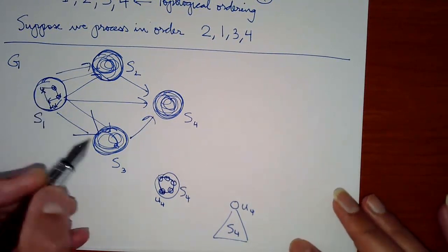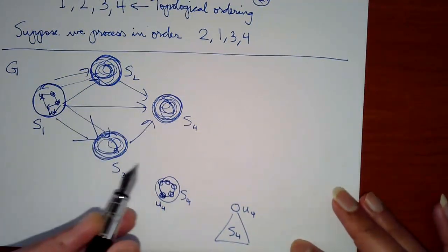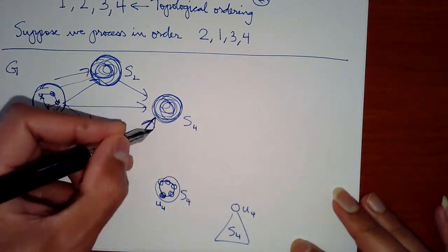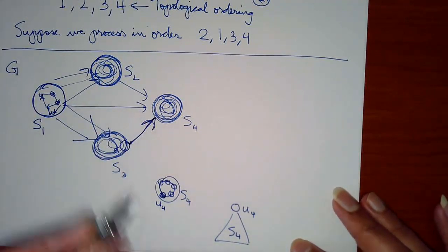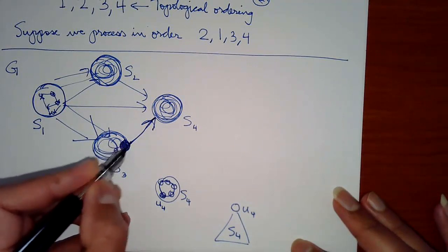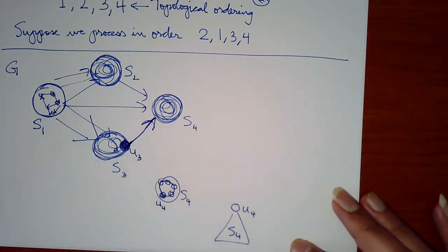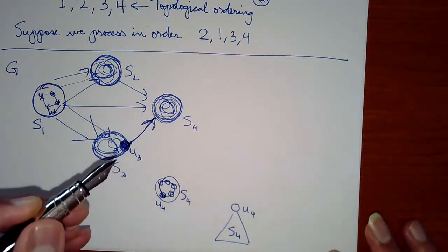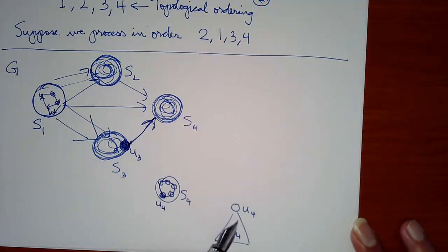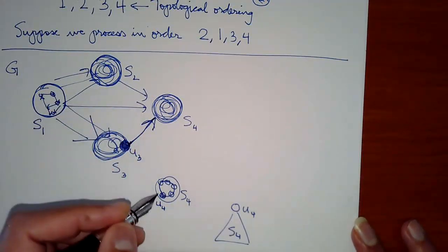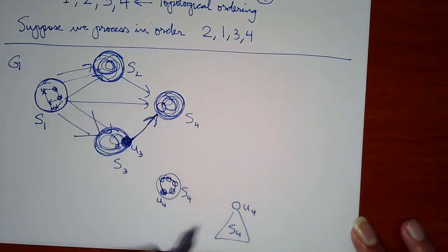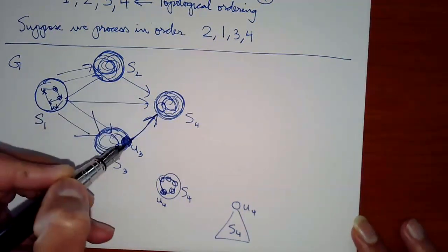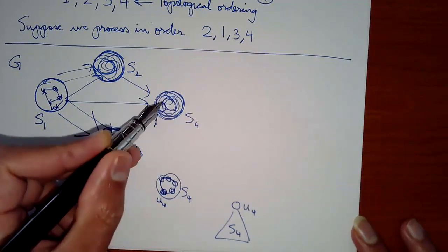Now let's look at some vertex in U3. Let's look at this vertex here. There's some vertex that has an edge, and I'm going to refer to this as U3. If U3 is visited before U4, then there is a path from U3 to all the vertices in here.